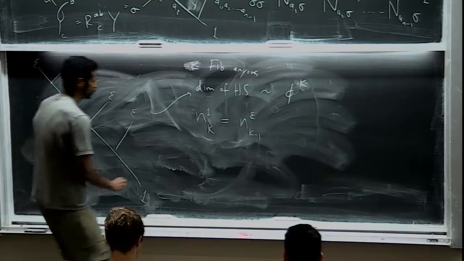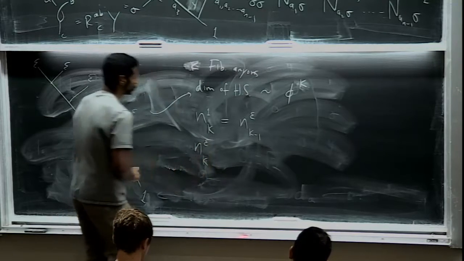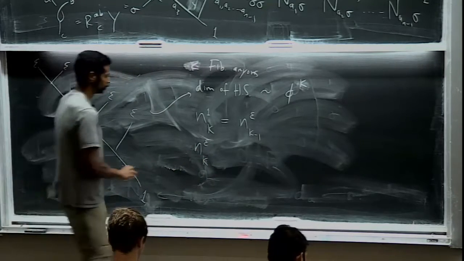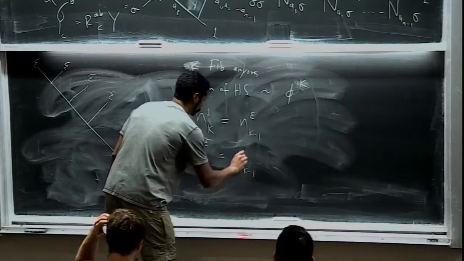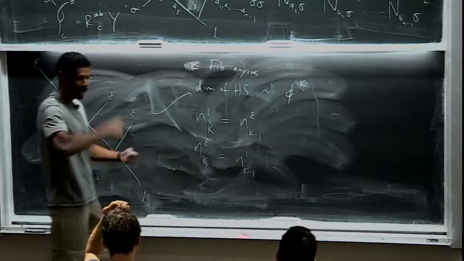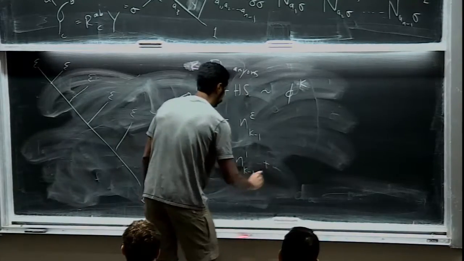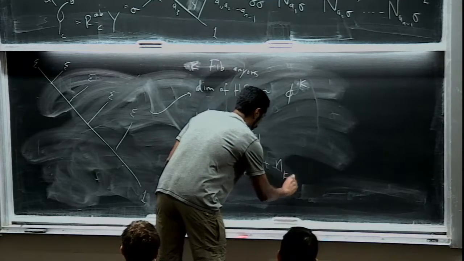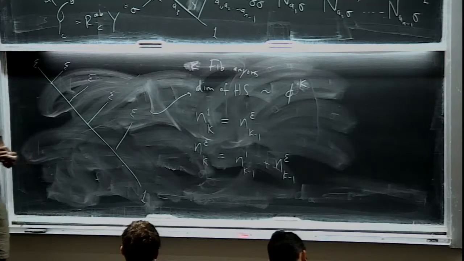On the other hand, if I ask, well, how many states are there of k anyons whose total charge is epsilon? Well, if you had k minus 1 whose total charge was 1, you add another epsilon, you can get total charge epsilon. But also, if you had k minus 1 whose total charge was epsilon, you can add an epsilon and get epsilon. Okay.